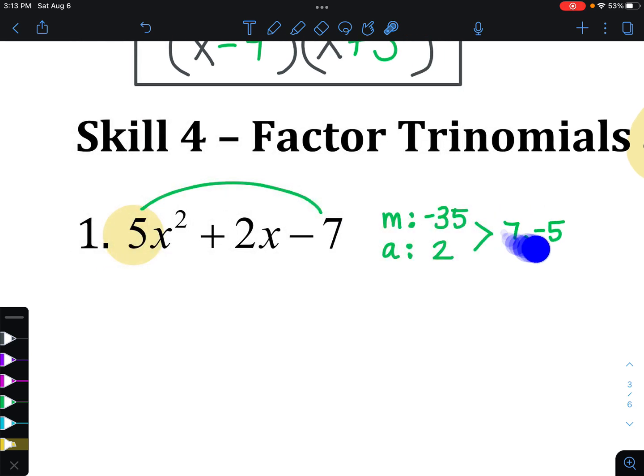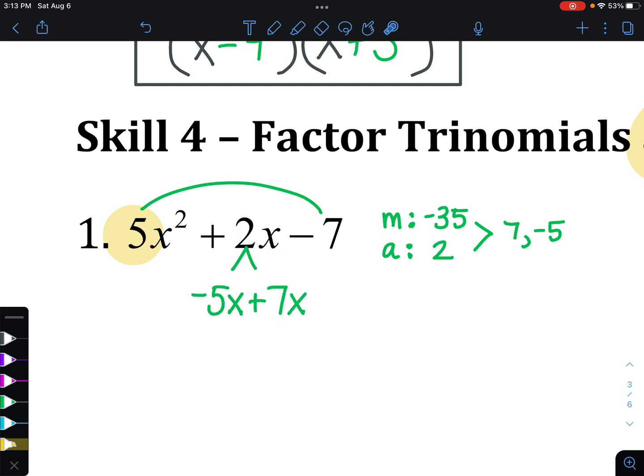Awesome. So once we do that initial step, this is where the split the middle comes into play. I'm going to take the 2x, I'm going to split it up and write it as negative 5x plus 7x. All right, I took these 2 numbers. I did switch the order because it doesn't matter. But negative 5 plus 7 is 2.